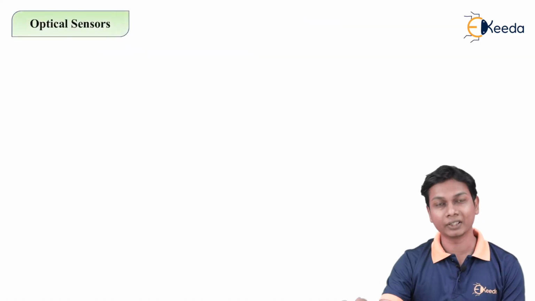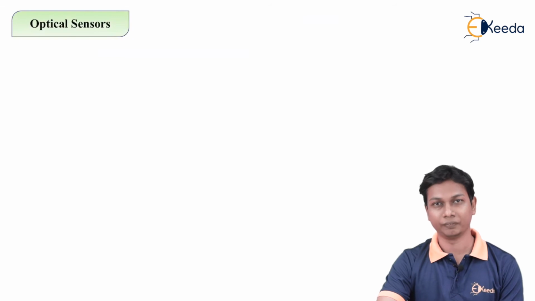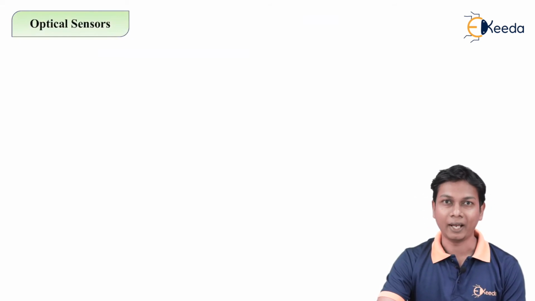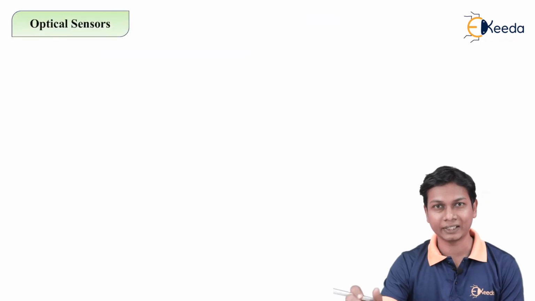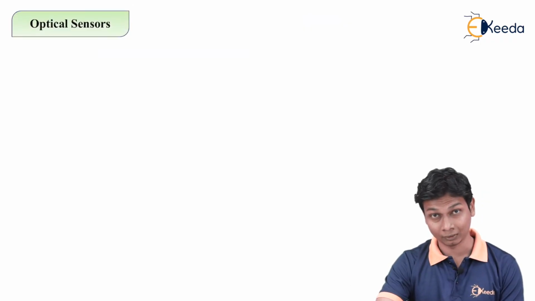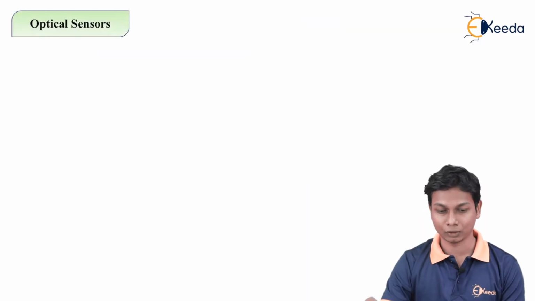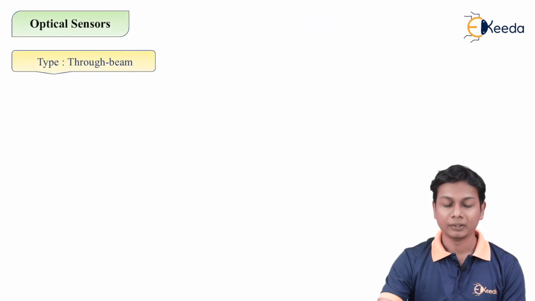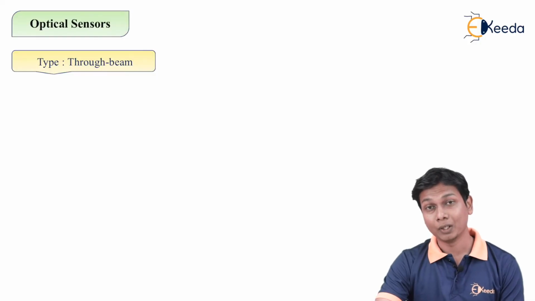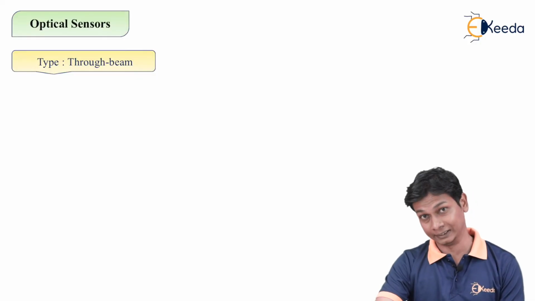We will start with one example and its working. The first parameter is light, and obviously light is connected with the optical phenomenon. The sensor which senses that optical phenomenon is called an optical sensor. Now there are various types depending upon the working.